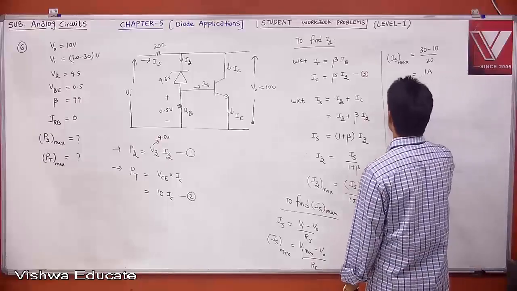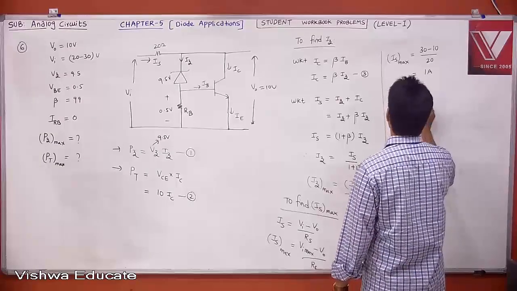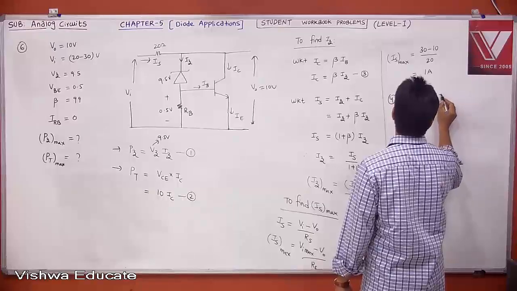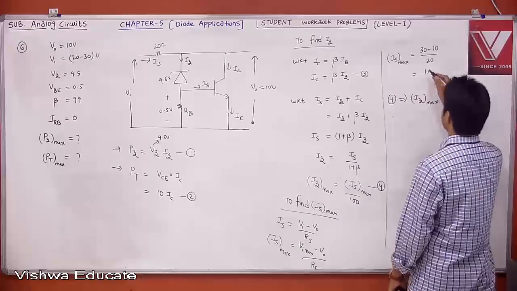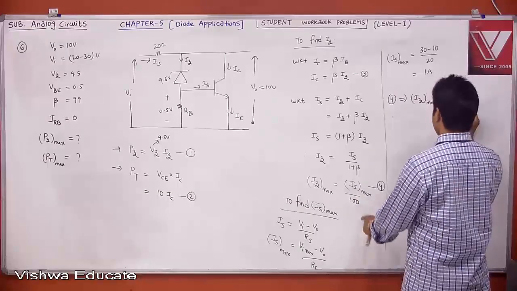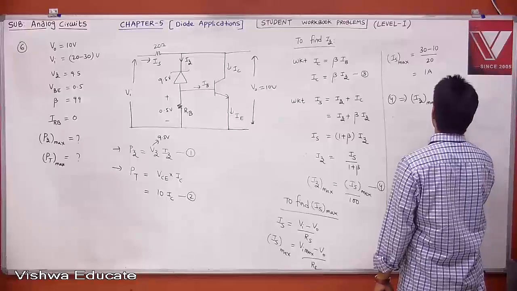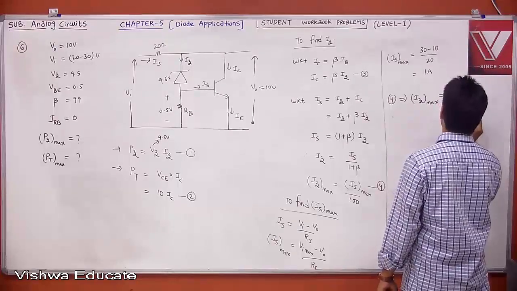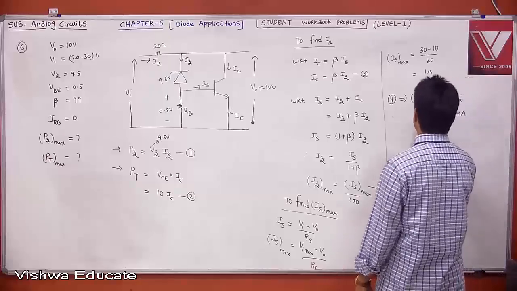Then what does equation 4 imply? What is your Iz maximum? Iz maximum is equal to Is maximum, 1, divided by 100. What is 1 divided by 100? 0.01, which is 10 milliampere. You got Iz maximum.